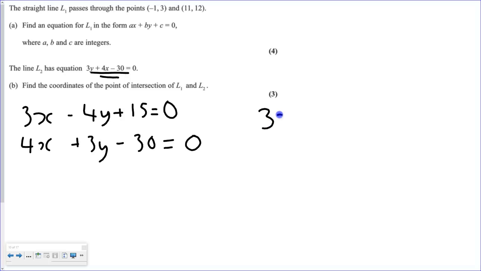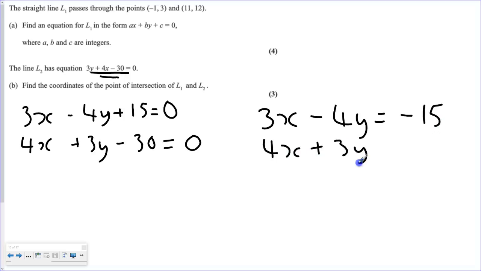I'm just going to do a little bit more rearranging. I'm going to make 3x minus 4y equal minus 15, and I'm also going to have 4x plus 3y equals 30. Now what I need to do is make sure I've got the same number of x's or the same number of y's. So let's look at solving this by having the same number of x's and eliminating them.